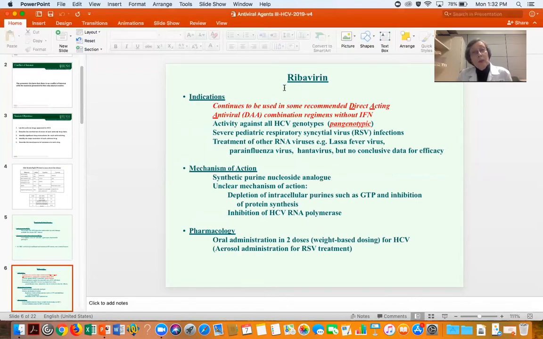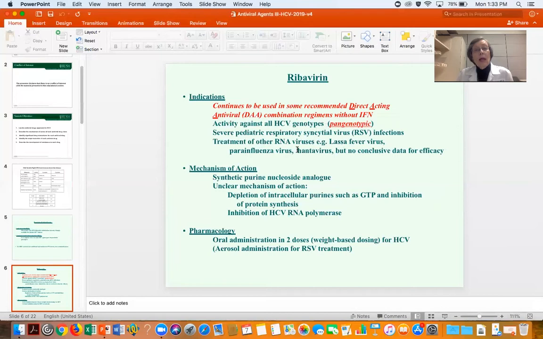But ribavirin, which was the other component, continues to be used in some of the recommended direct-acting antiviral combinations, or DAAs, which are regimens without interferon. It has activity against all the HCV genotypes, which we call pan-genotypic. It has been used to treat severe pediatric respiratory syncytial virus infections and for treatment of other RNA viruses off-label, such as Lassa fever or parainfluenza hantavirus.